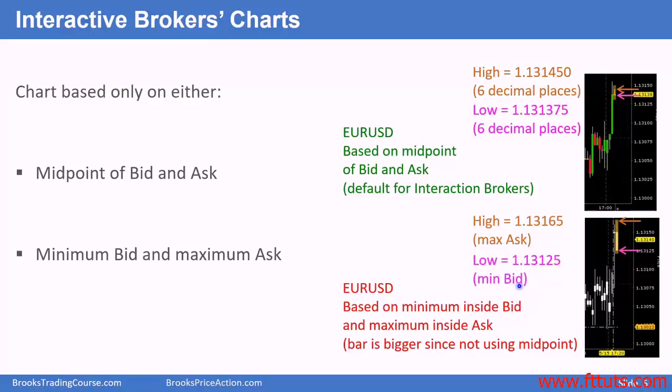The low of this bar is 1.1312.5. The low of this bar is 1.131375. The charts are not going to be exact, even with one broker, because some traders will be looking at the charts constructed this way. Other traders will be looking at charts constructed another way.